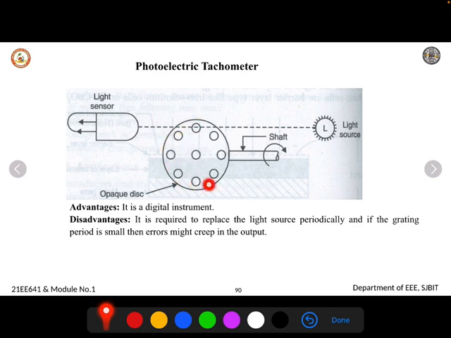It is an opaque disc. If the light is falling on one side of the disc, it cannot pass to the other side unless there is a hole. If the hole is present, then the light can easily pass.